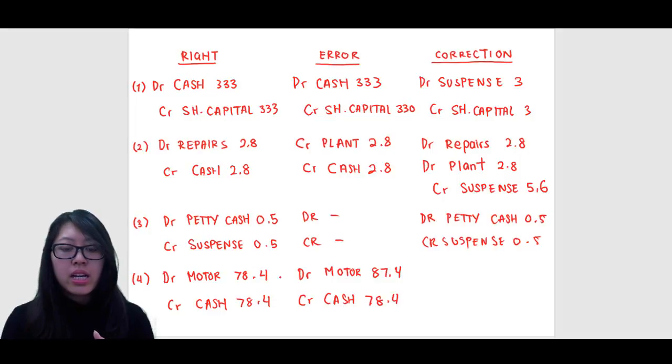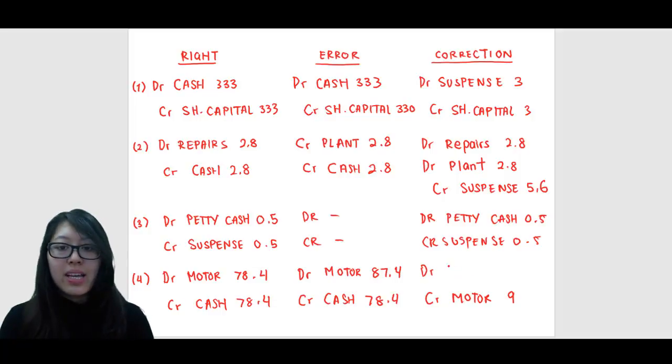It has been overstated by a difference of $9,000: 87.4 minus 78.4. Because it's overstated, we have to reduce the motor vehicles account. To reduce it, we need to credit it by $9,000. But then what will the debit entry be? Perhaps you guessed it, it's the suspense account. So we're going to debit the suspense account by $9,000.